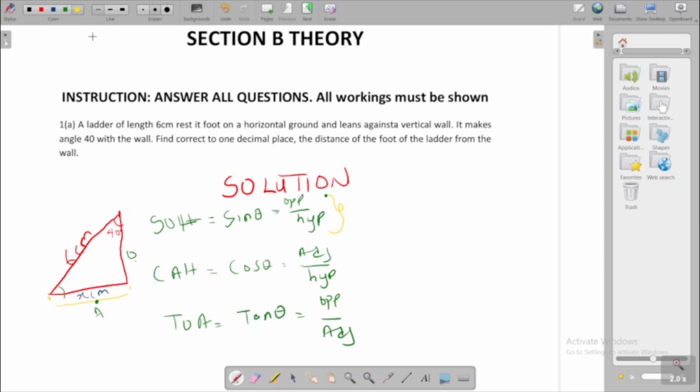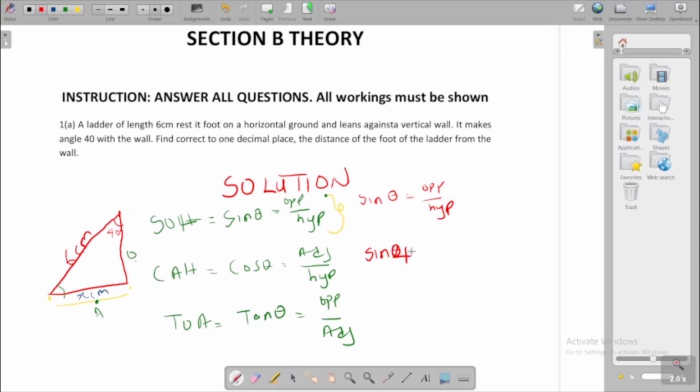So the one we are using now is sine theta equals opposite over hypotenuse. Our opposite is unknown, but we know our theta is 40, the angle we are given.